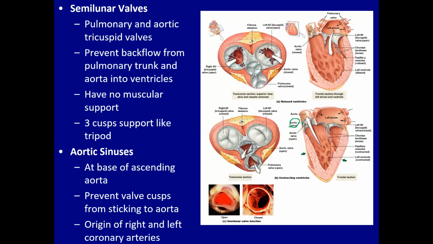One of them is to prevent the cusp from sticking to the wall of the aorta, but it's also the origin of the right and left coronary arteries. So if you wondered how oxygenated blood actually gets to the muscle of the heart, this is the point where it enters the coronary system, which is necessary to feed the muscle of the heart.